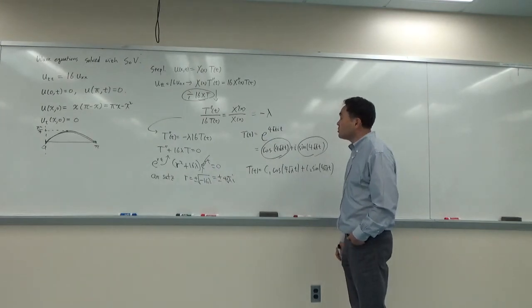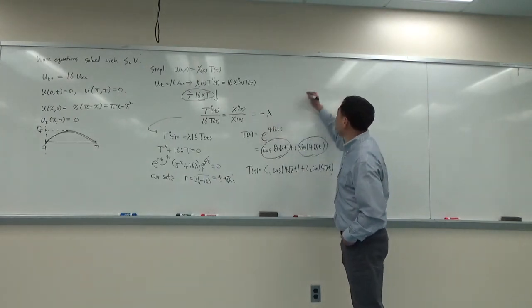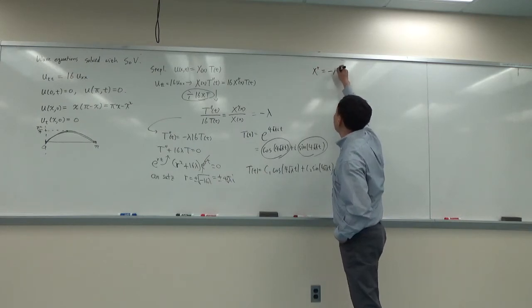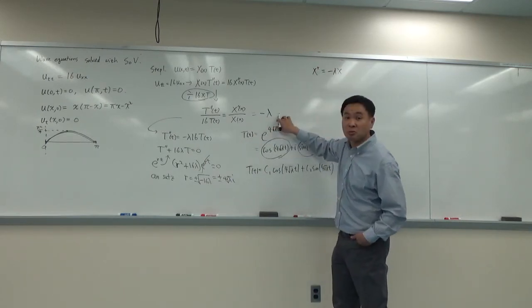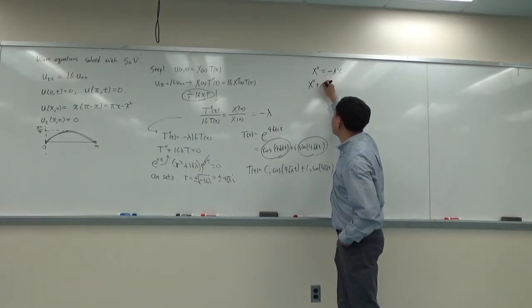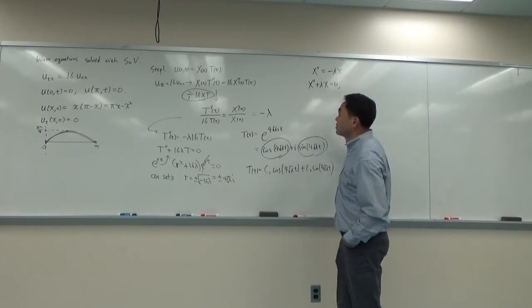And then for the x part, we get the same kind of equation. X'' equals negative lambda X if you just simply multiply X to the other side. Move this to the left, you get X'' plus lambda X equals 0.